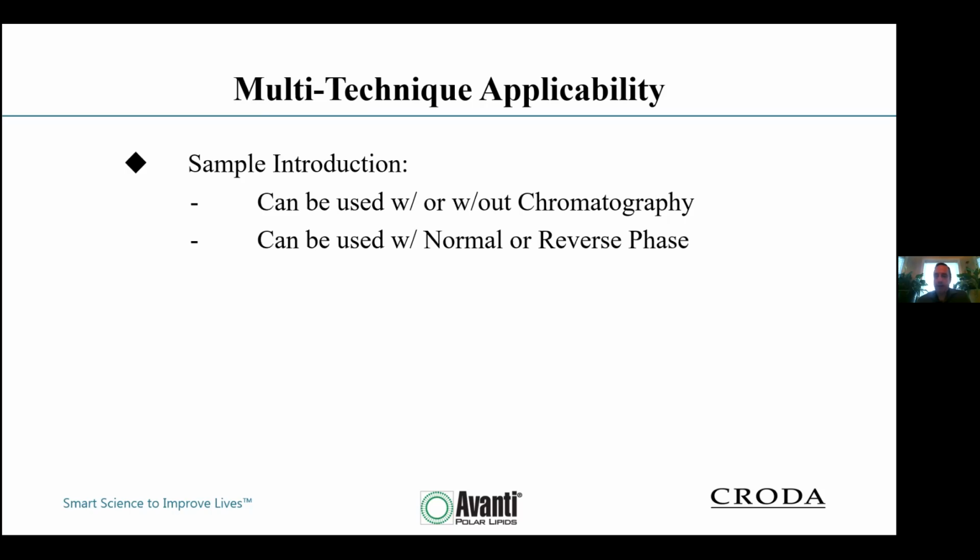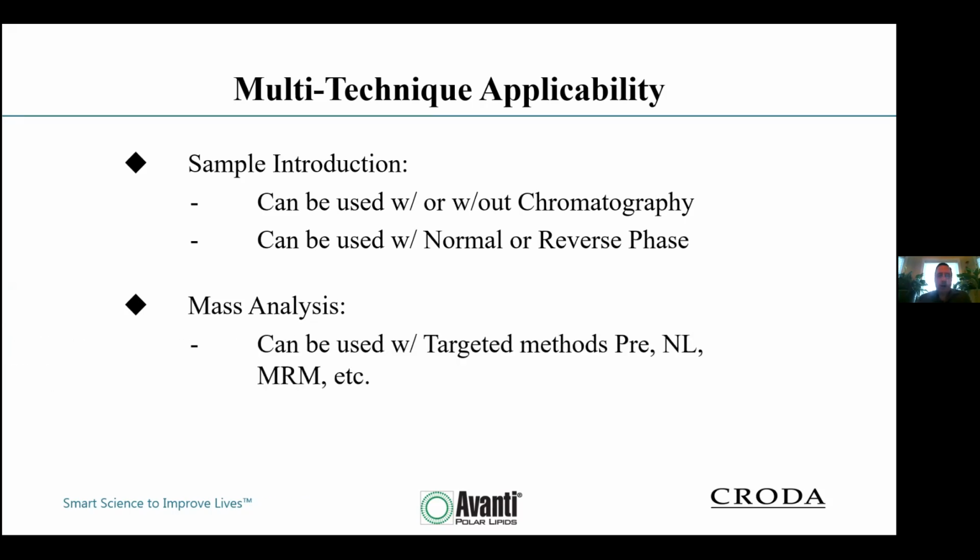We have different chain lengths covering the different elution times. And with regard to mass analysis, we can use these particular standards either with targeted methods, such as the shotgun methods, where we do precursor ion scans, neutral loss scans, MRMs, or things of that nature. And they can also be used with untargeted methods, such as ultra high resolution accurate mass measurement.